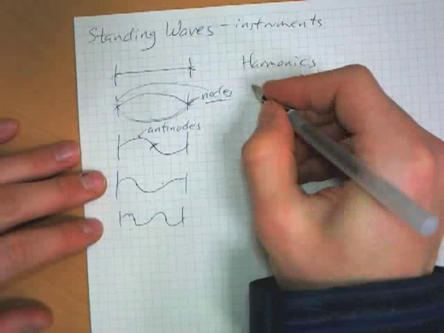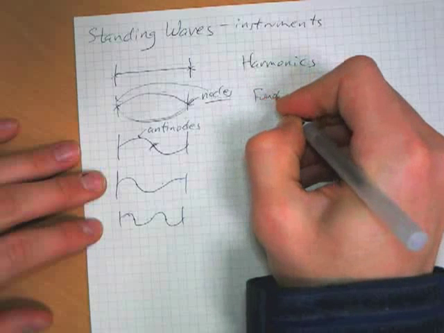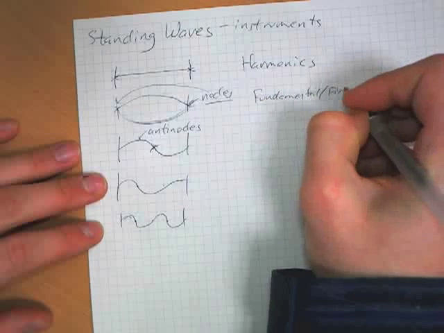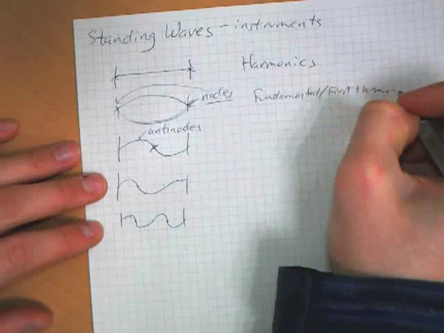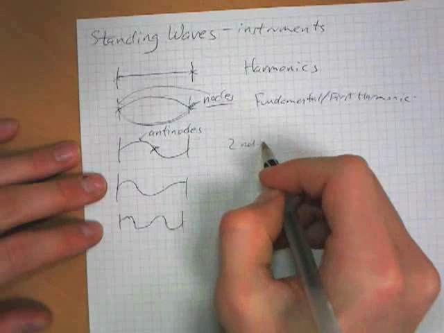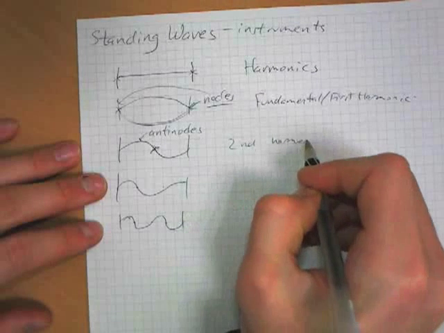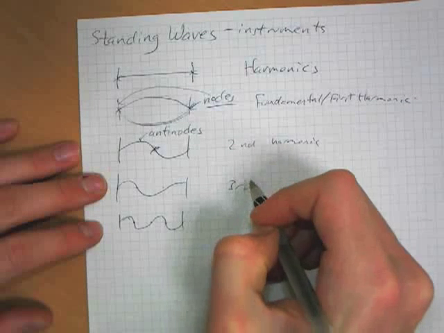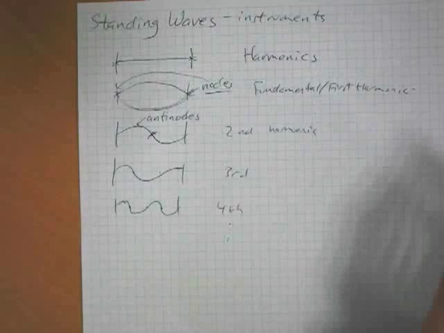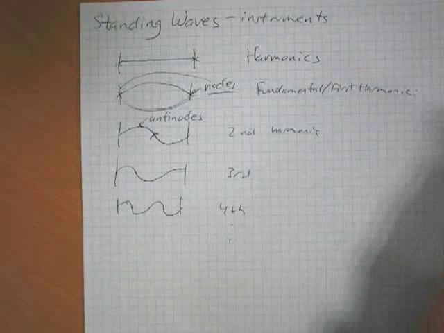This is called the fundamental or first harmonic, and then they're just given numbers. This is the second harmonic, this is the third, fourth, and on and on. And you could have an infinite number of harmonics.